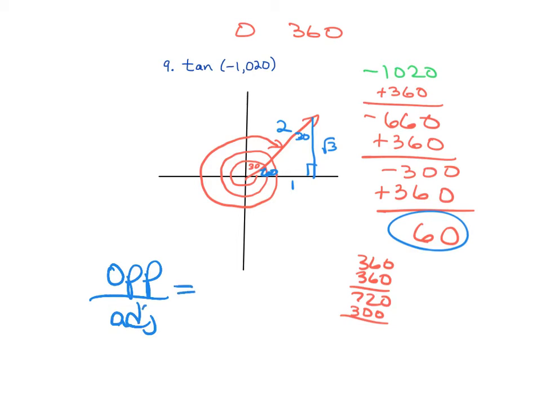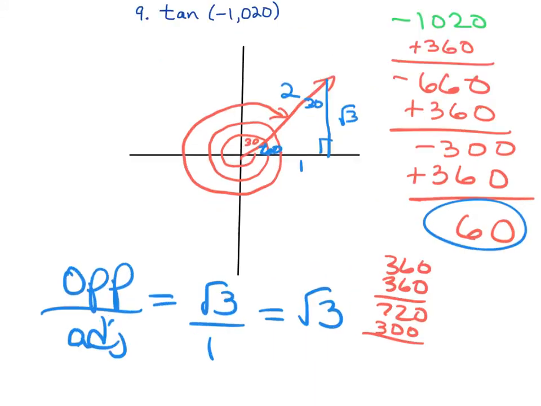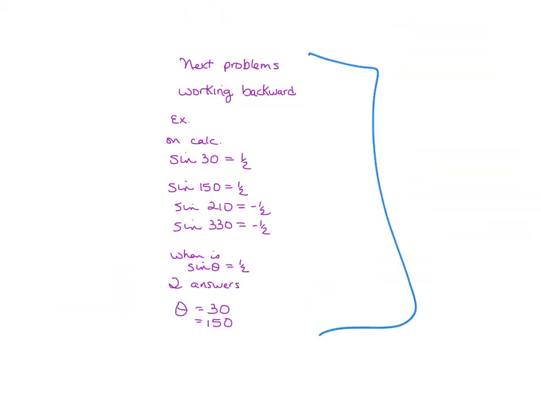The side opposite of 60 is √3, and the side adjacent is 1. So this answer would be the square root of 3. All right, so tomorrow we're going to be working with the calculator. So we'll test our calculator for values tomorrow to make sure we're in degrees and not radians.